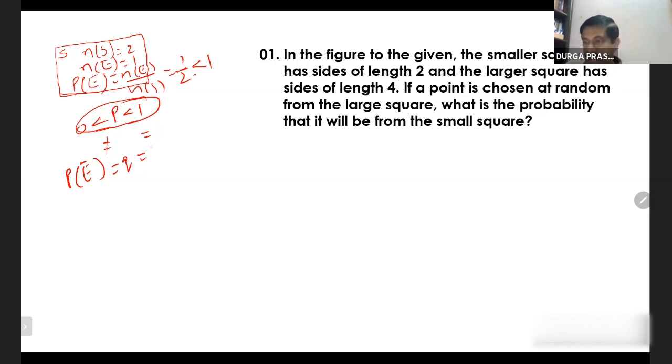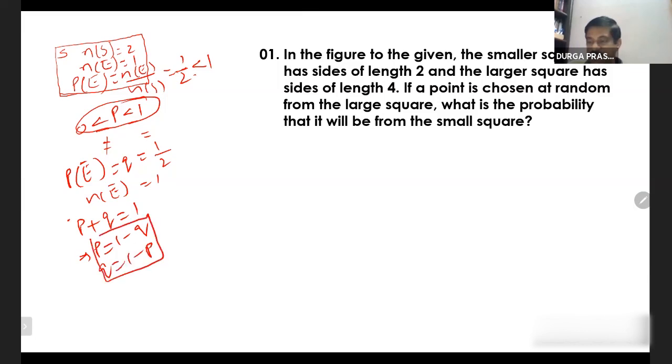So that is also 1 by 2. N of E bar is 1, like that. Therefore, P plus Q will always be equal to 1. That implies P is 1 minus Q, or otherwise Q is 1 minus P. These are the points you need to remember.